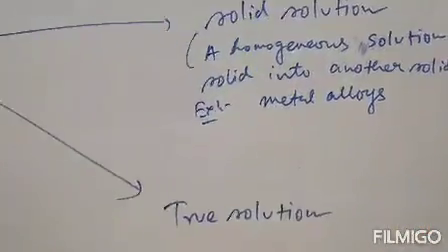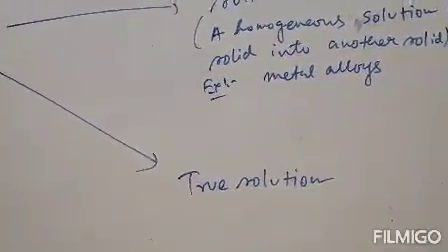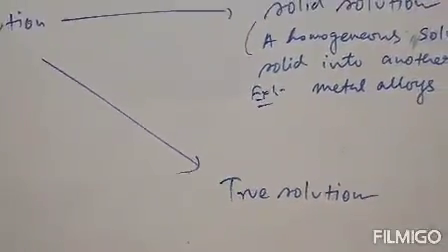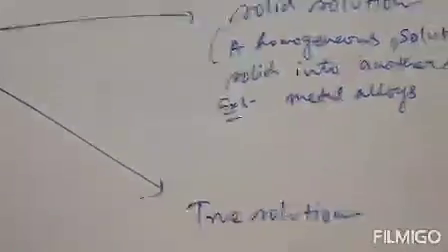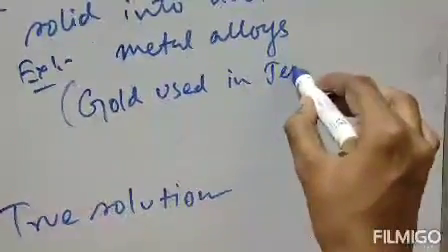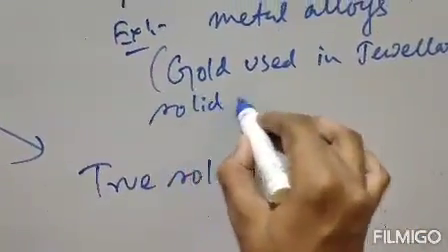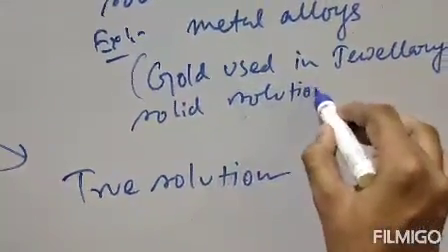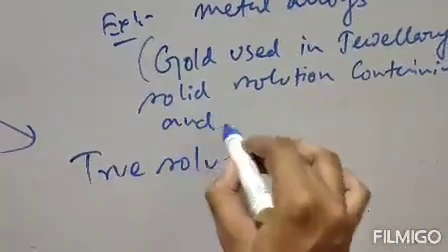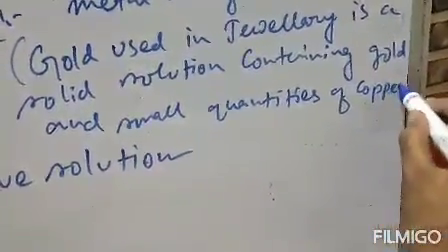Among metal alloys, gold used in jewelry is a solid solution containing gold and small quantities of copper or silver.